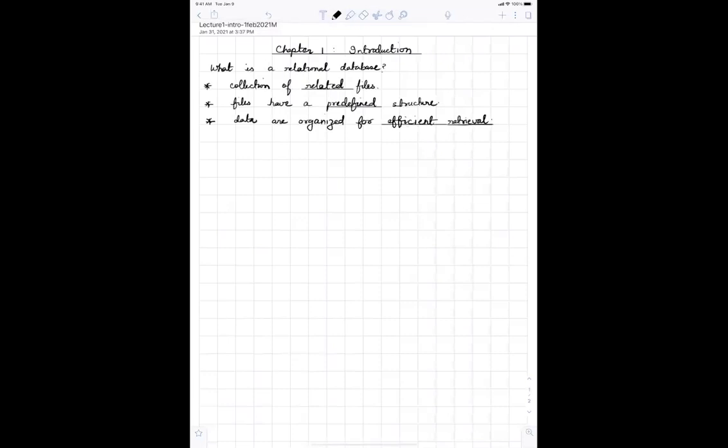Just keep this in mind, that for relational databases, these are the three motivational facts: they are related, they have a predefined structure, and they're organized.